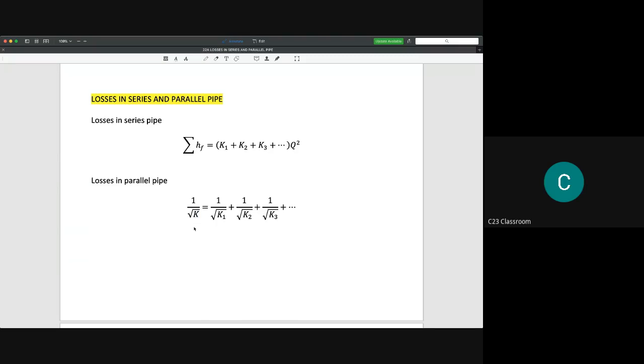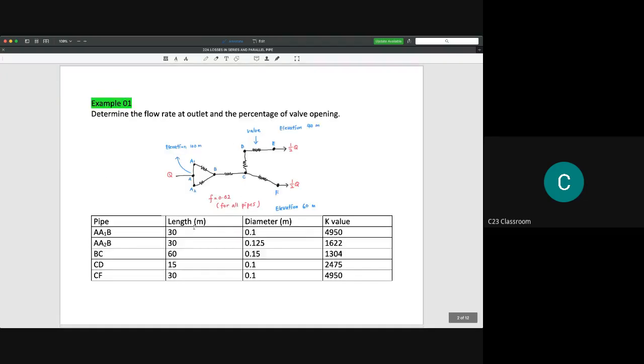Here I would like to show you a few examples. So this is example 1. For example, we have this kind of pipe network. The question is: determine the flow rate at outlet and the percentage of valve opening.